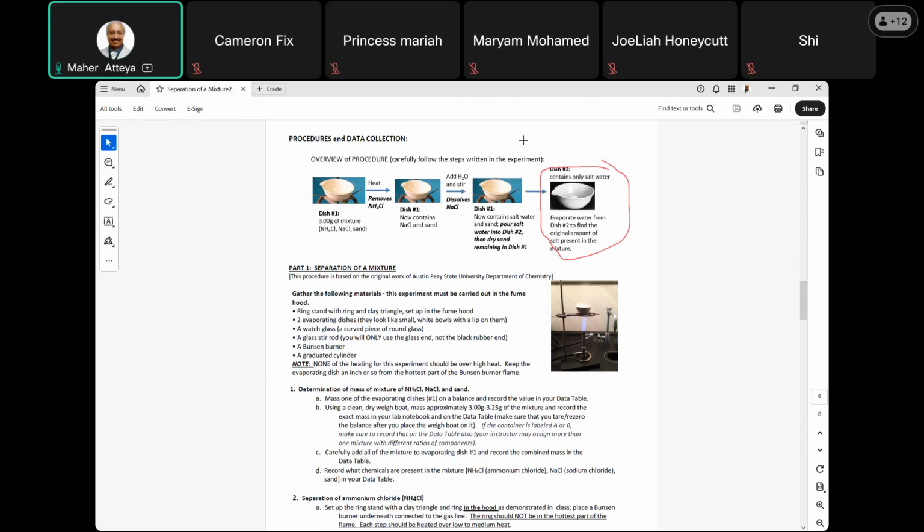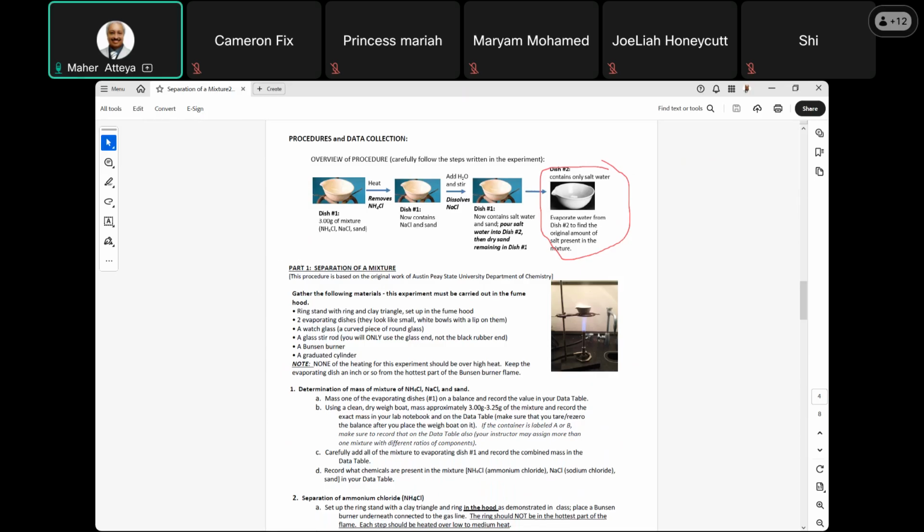Take evaporating dish number 1 down to cool down and reweigh it, correct? Everybody's following? Now, what's inside the mixture now? Inside the mixture, we have silicon dioxide and sodium chloride because the ammonium chloride had already gone with the smoke. It did sublime through the heating process, correct?